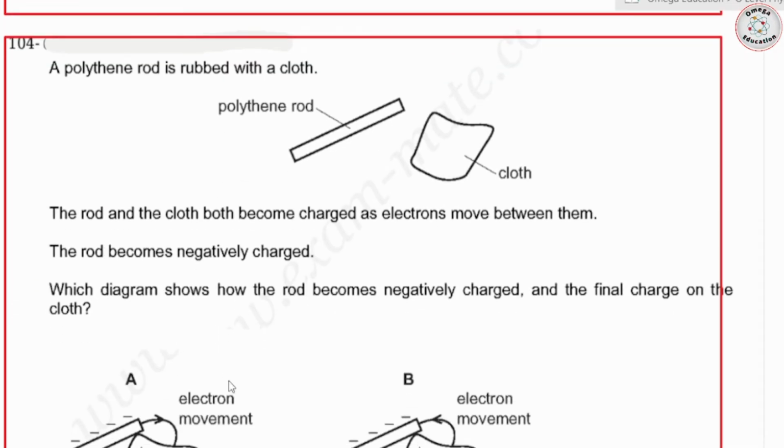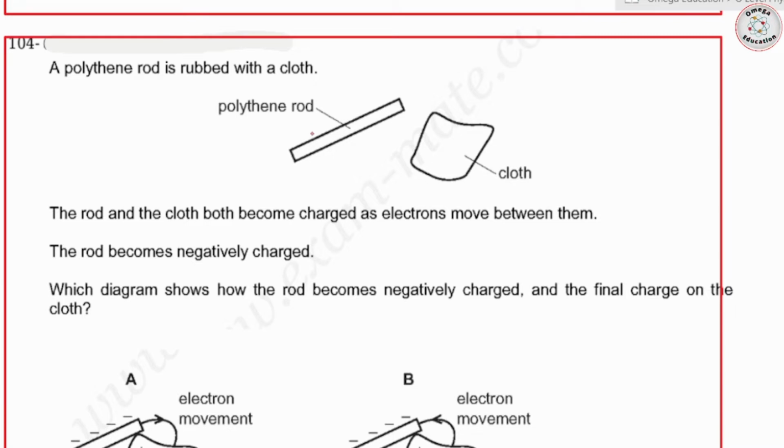Moving on to the next one. A polythene rod is rubbed with a cloth. The rod and the cloth both become charged as electrons move between them. The rod becomes negatively charged.